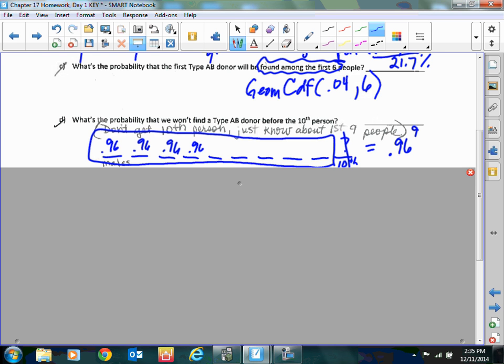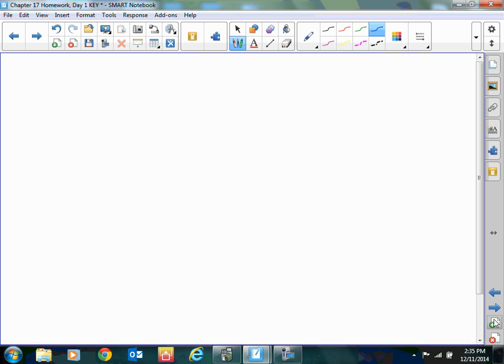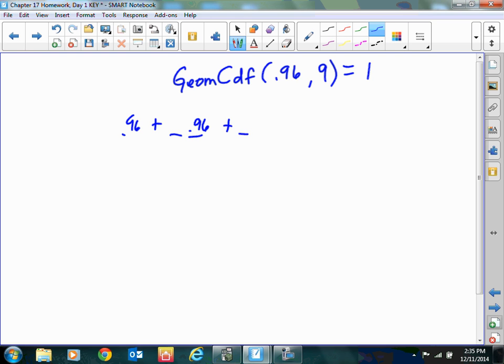Okay, so let's talk about what you just did. If you did geometric CDF of 0.96, 9, is that what you did? And it comes up with the number 1. Here's what it does. This value means it's in the first spot, or it's in the second spot, or it's in the third spot, and so on.